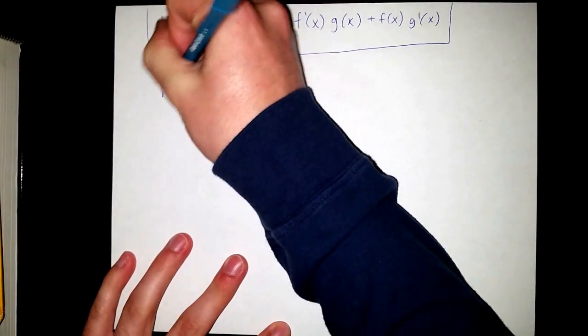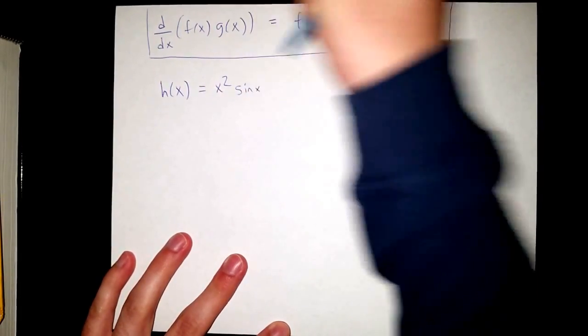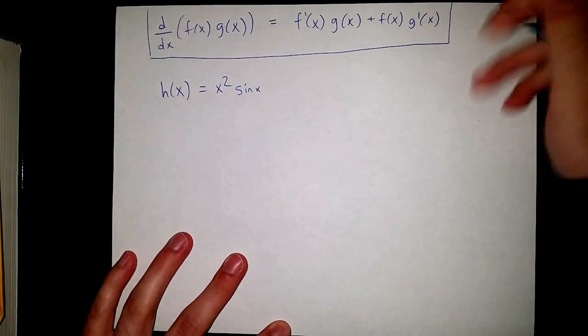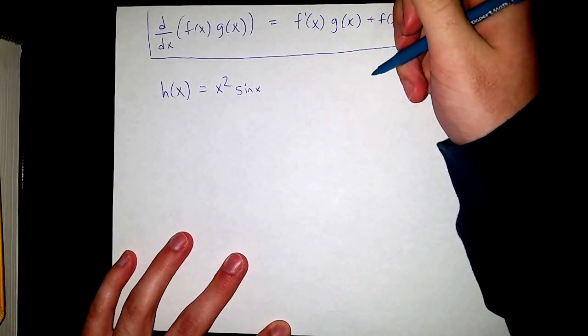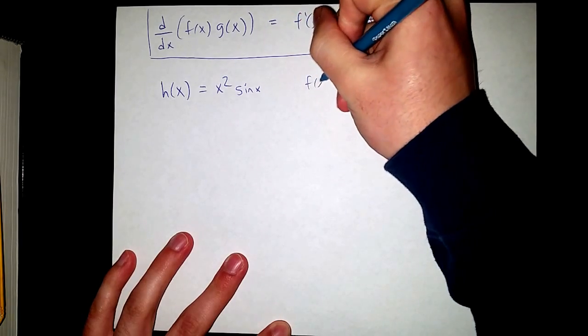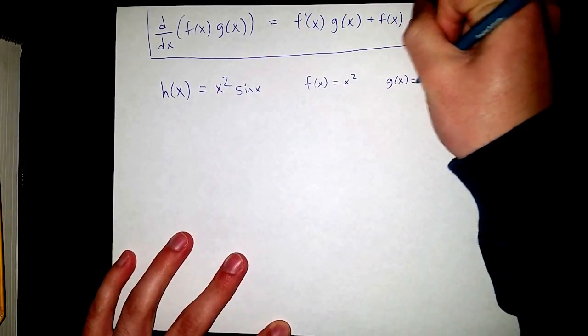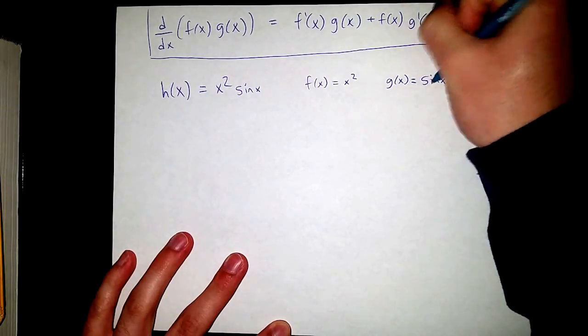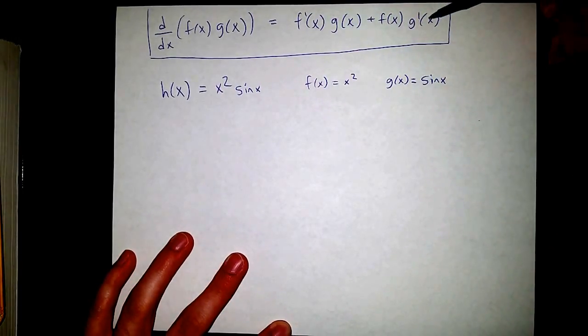Let's do an example. Let's go back to the example we had on the back side of this page. h of x equals x squared sine of x, where f of x equals x squared and g of x equals sine of x. What do we need? We need the derivative of f and the derivative of g.